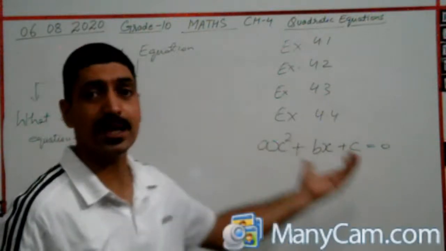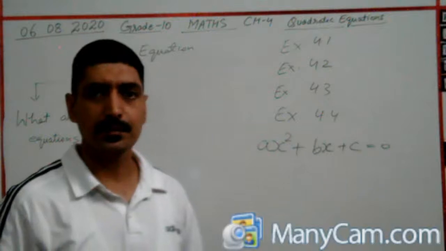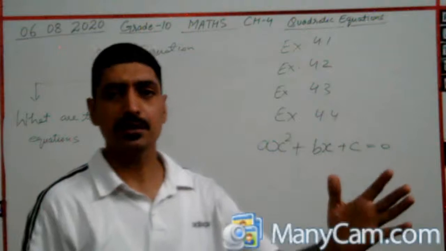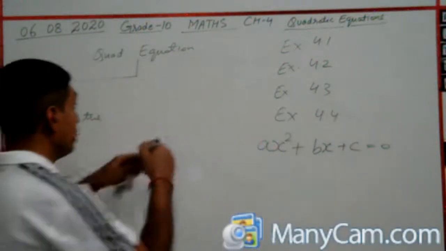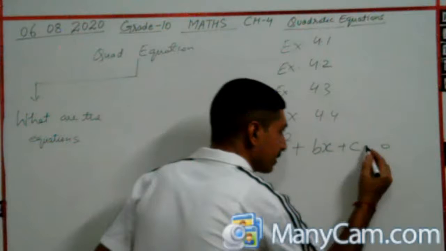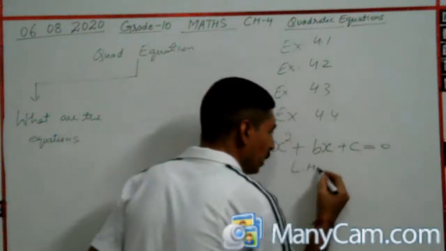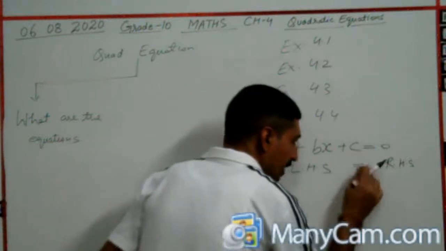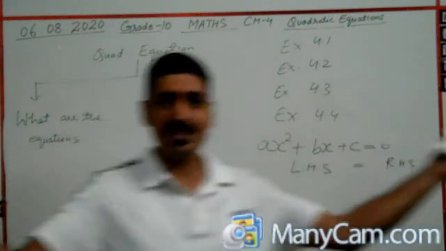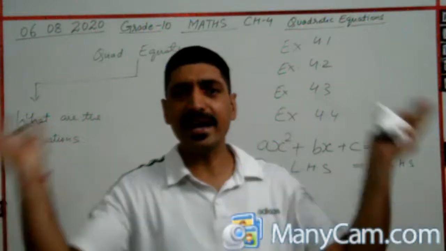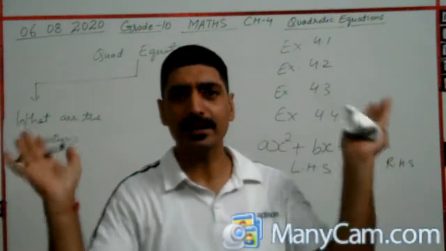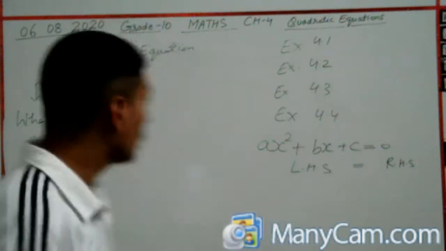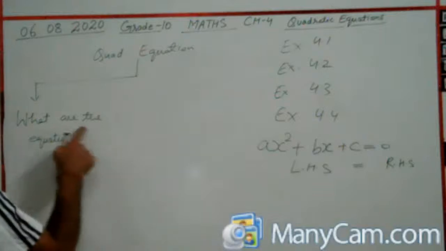We have to recognize whether the equation is quadratic. In an equation it is very important that there is an equal to sign. One is the left hand side and one is the right hand side. If the equal to sign is there, it means both the left hand side and the right hand side are equal to each other. That is the equation.